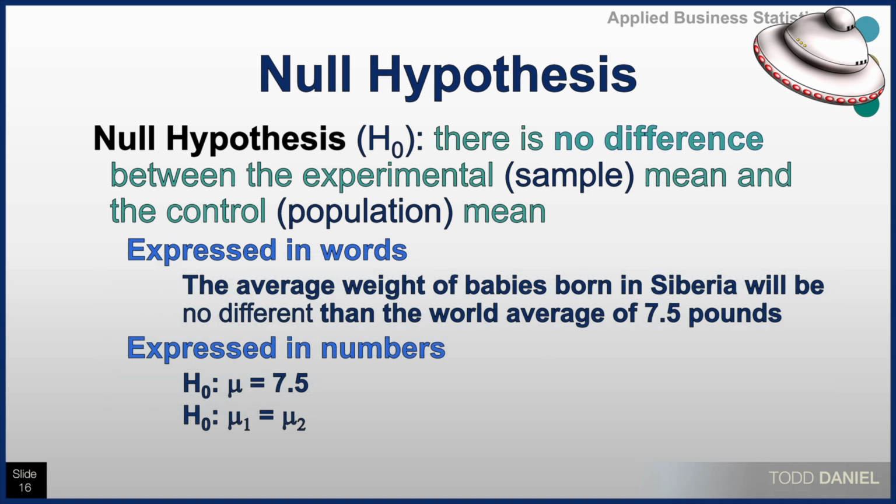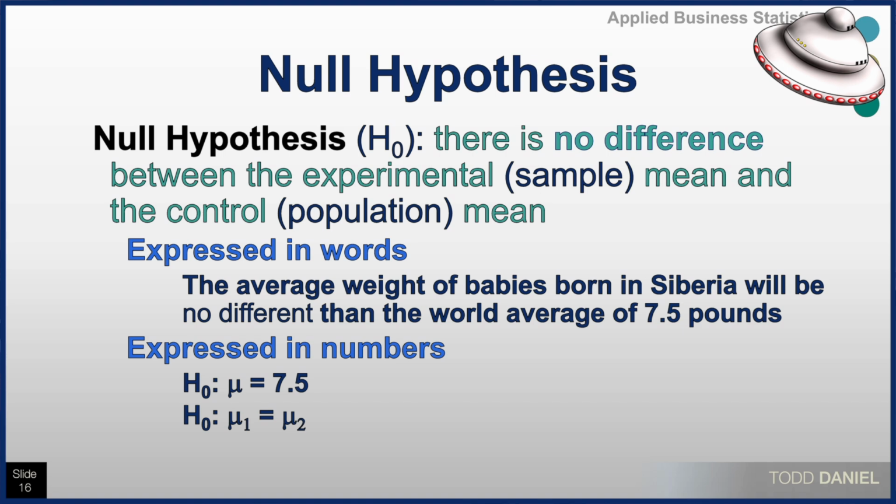If I put into words the null hypothesis for our example, I would write it this way. The average weight of babies born in Siberia will be no different than the world average of 7.5 pounds. But I can express this in numbers as well. My null hypothesis is always going to begin with H sub 0.